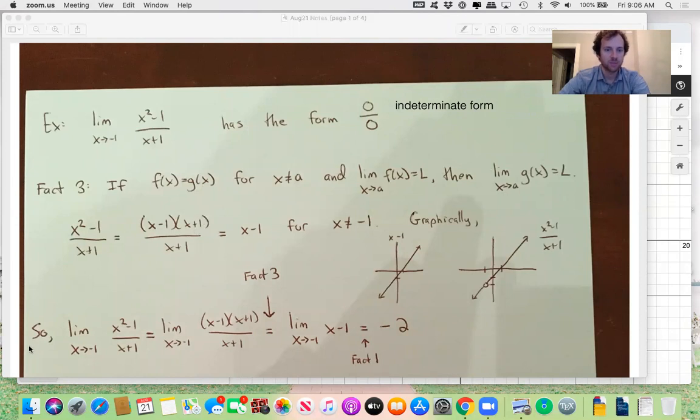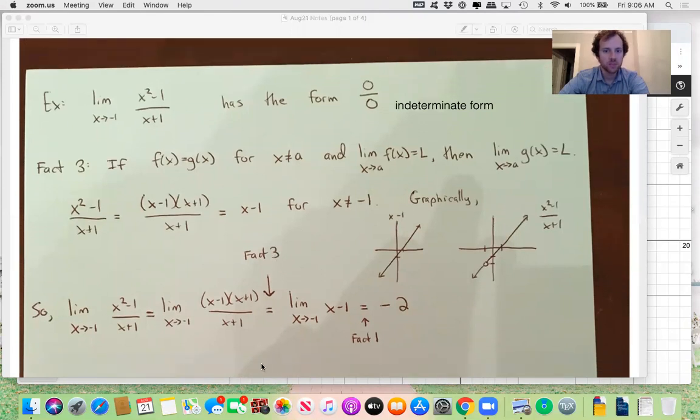This is the actual work that you'd be reproducing, or that looks like what your solution would actually be. So you have this limit, it has this 0/0 form, you can factor the top, you can cancel them.